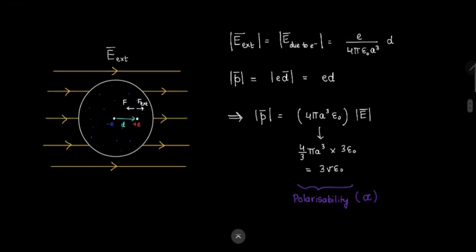This is a very crude approximation. This model is very crude, that is what I wanted to say. But experimentally, it is shown that 3v epsilon naught gives quite a good answer. Even though the model is very crude, it gives a very nice answer, accurate up to some decimal places.